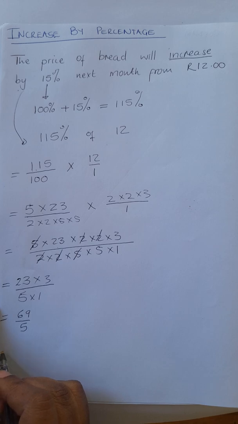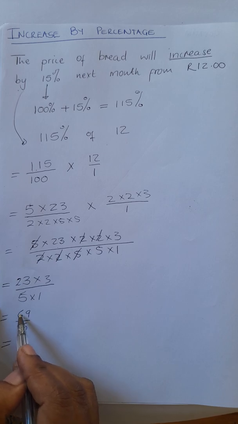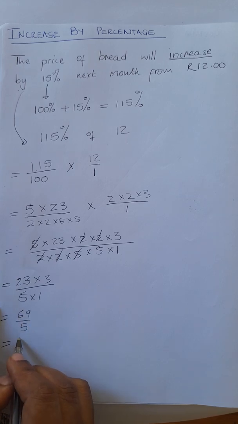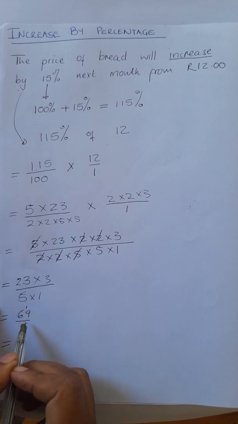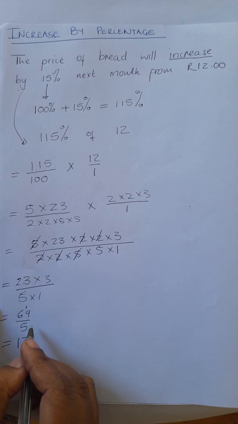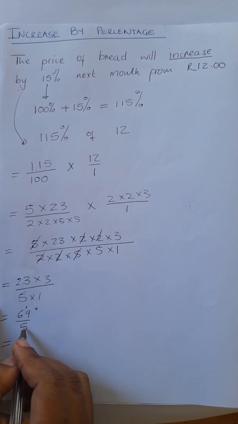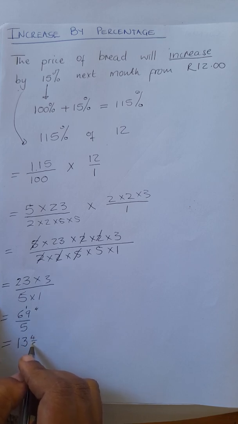We are going to simplify this further. 6 divided by 5 is 1, and the remainder is 1. And 19 divided by 5 is 3, and the remainder is 4. And 5 cannot go into 4, so it's going to be 4 over 5.